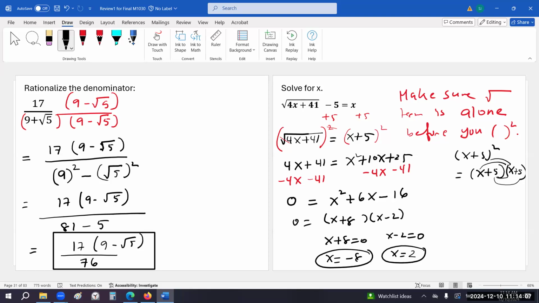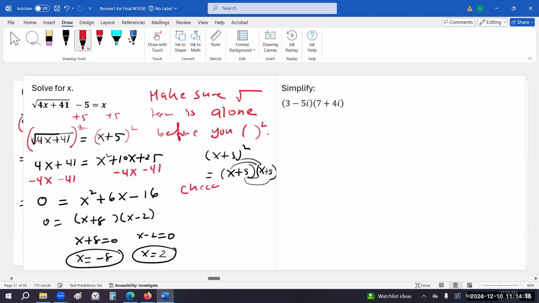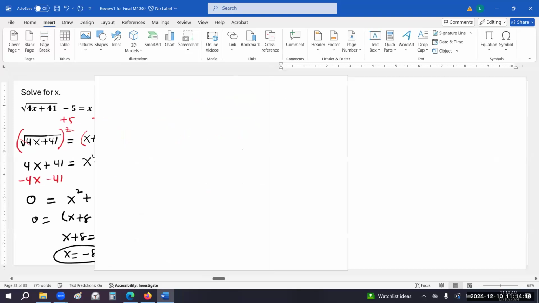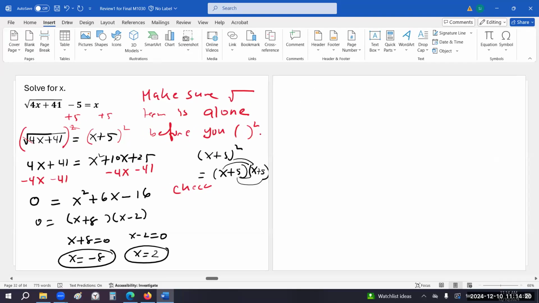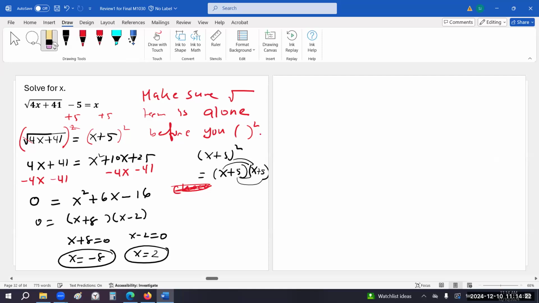Just because you got something, it doesn't mean you go and pick that from the multiple choice. You must check. I don't have space, so let's do it here. We must always check our work for square root, denominator, and logarithmic questions. There are 3 types of questions where you always have to check your work.